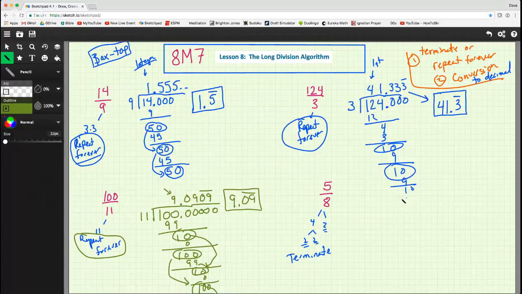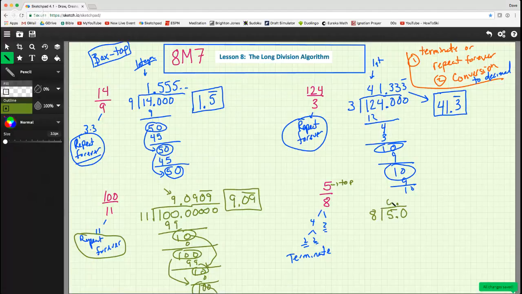Okay. All right, 5/8. Box top. This will terminate, which is kind of cool. So let's put our 5 here. 8 goes into 5 0 times.